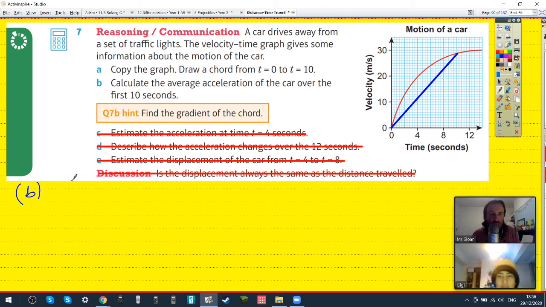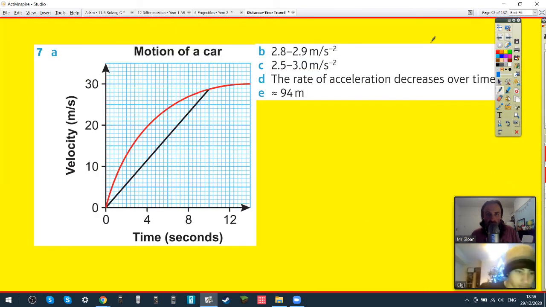Oh, 3.9. That would be up at the top or something. This is 1 square under 30. Oh, yeah, 2.9. I think it's 2.9. We go 2.9 meters per second squared.